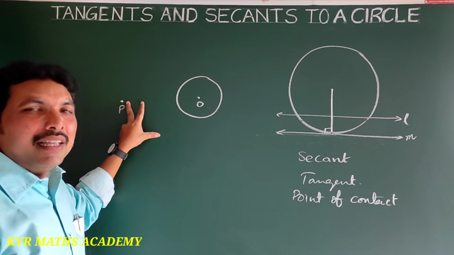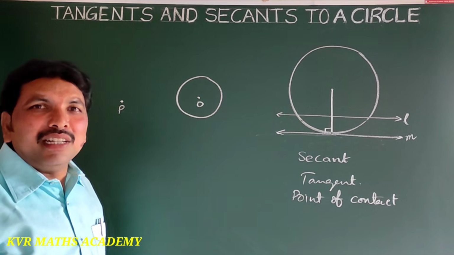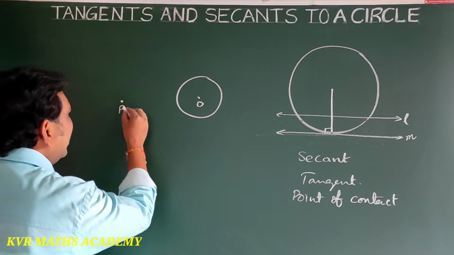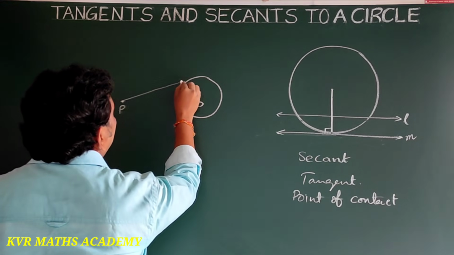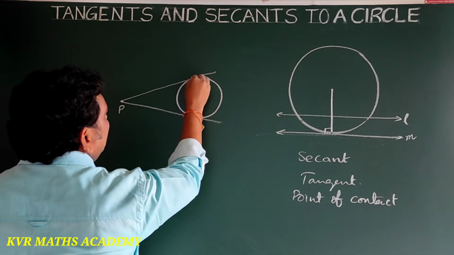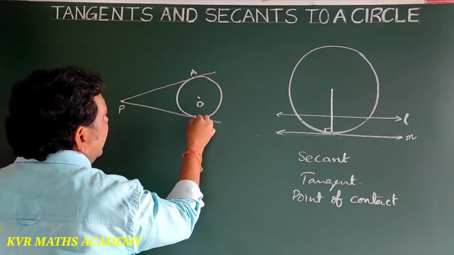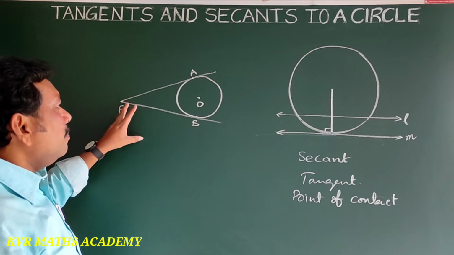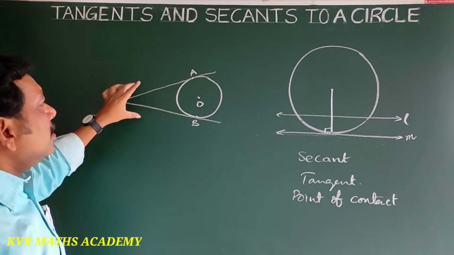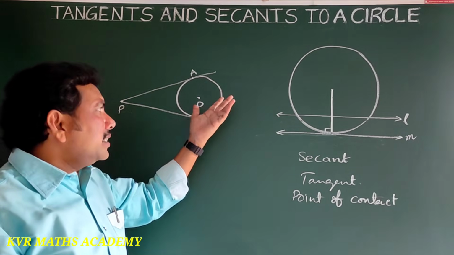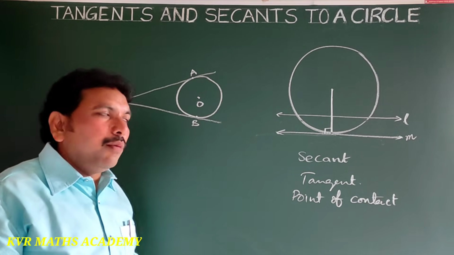Exactly 2 tangents we can draw from any external point. Suppose the points of contact are A and B.